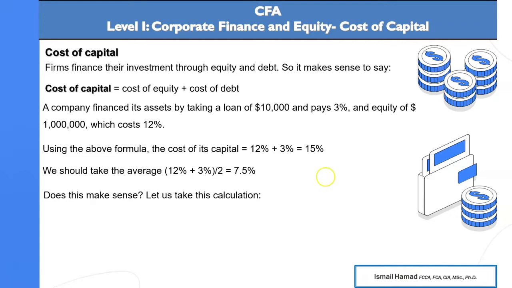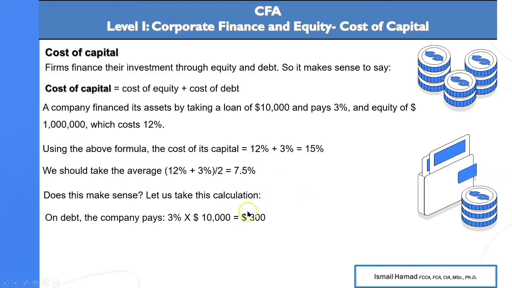How much will it cost the company annually in terms of interest payment to the debt holder? I borrowed 10,000, I pay 3%. That means I pay 3% times 10,000. Also the equity, 12% times 1 million, I will get the amount I pay on an annual basis.